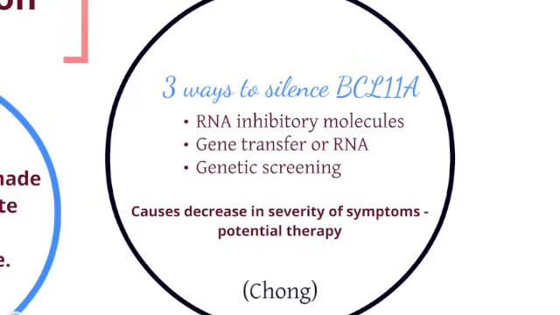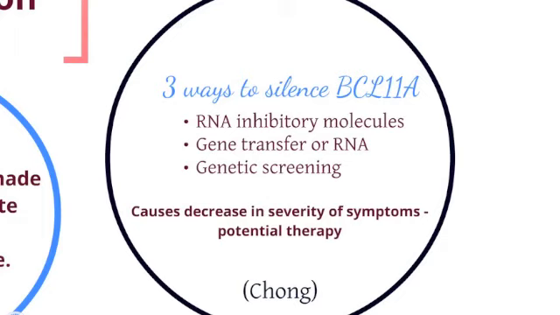Interfering in silencing of the BCL11A is a difficult process to target as a therapeutic alternative for sickle cell disease. Repressing BCL11A in sickle cell anemia and beta thalassemia disorders can be accomplished by RNA inhibitory molecules, somatic gene transfer of short hairpin RNA molecules, as well as genetic screenings for peptides that could inhibit BCL11A function directly or through disruptions in protein-protein interactions.